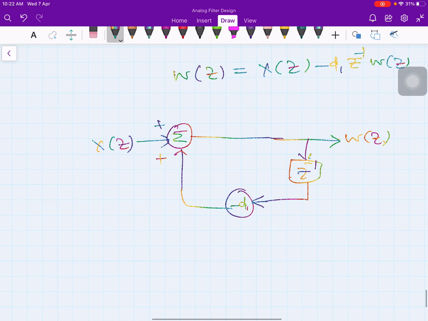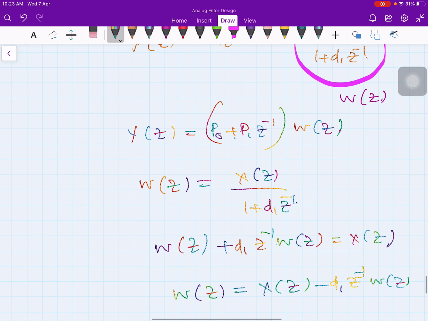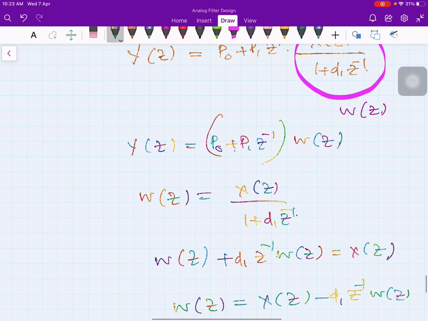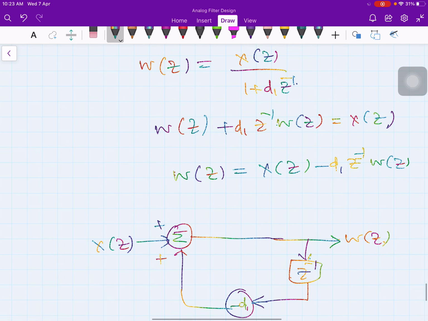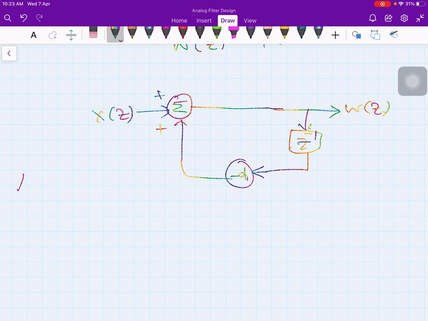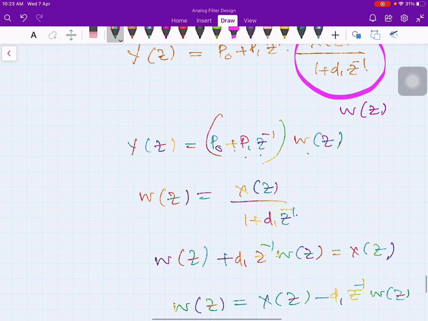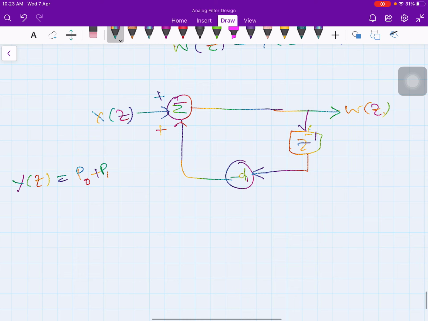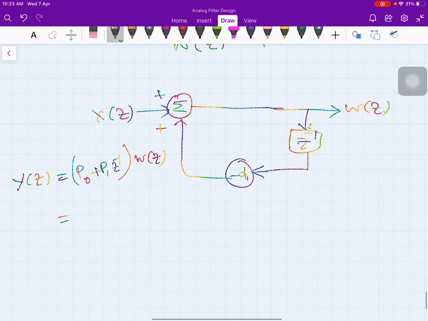Now to construct Y of z, all you have to do is, what is Y of z in this? Y of z is p0 plus p1 z inverse multiplied by W of z, isn't it? You expand this: p0 times W of z plus p1 z inverse W of z, isn't it?